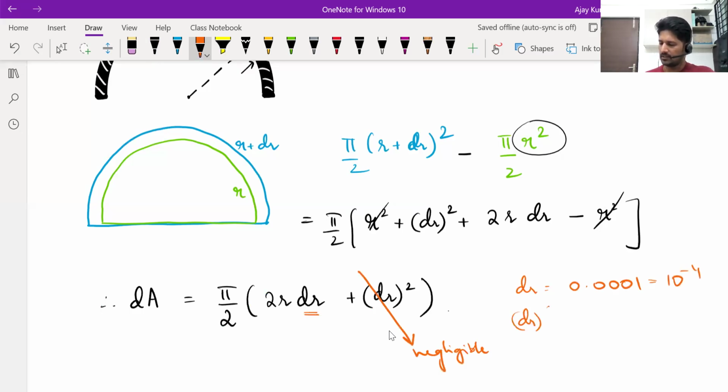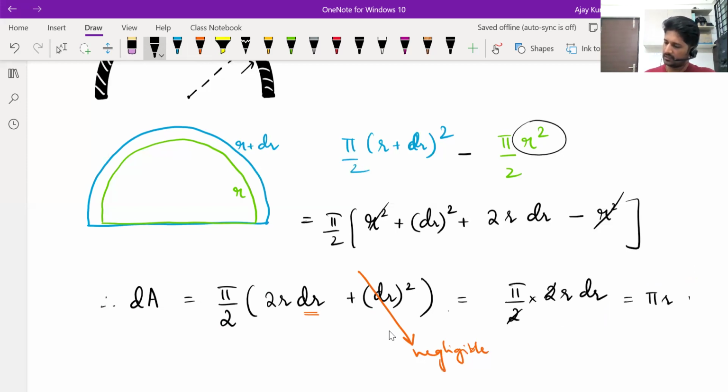Then dr squared becomes 10 power minus 8, very small compared to dr, right? So in mathematics, it is valid to ignore that term. Neglect that. What will you be left with? Pi by 2 into 2r dr. 2's cancel. Effectively, you are left with pi r dr.